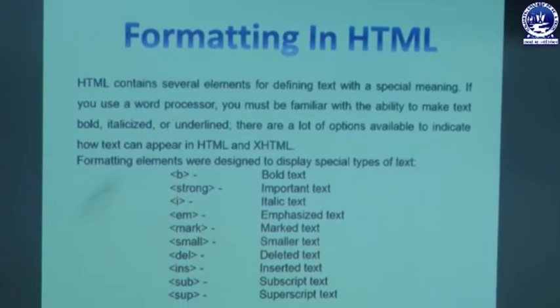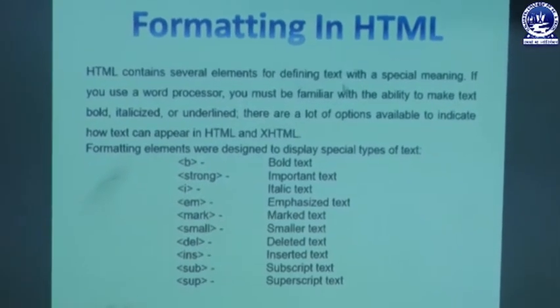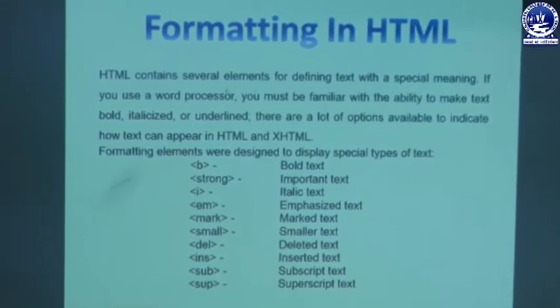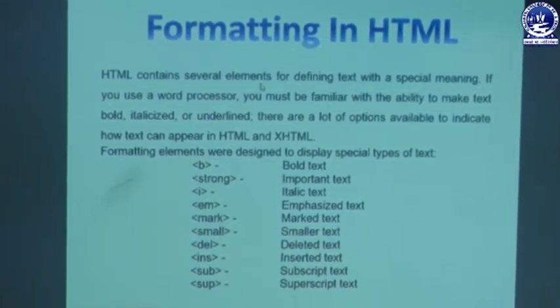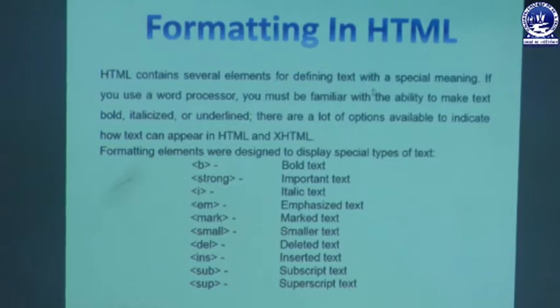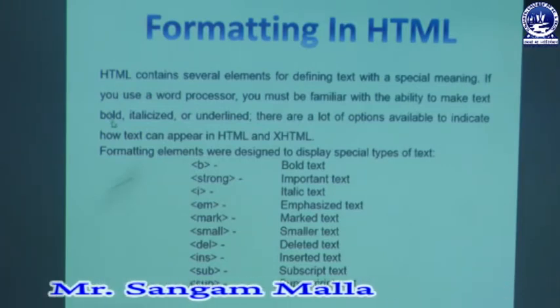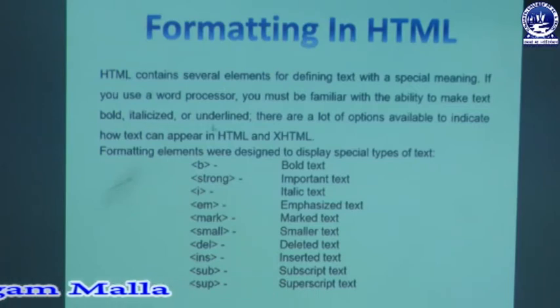So HTML contains several elements for defining text with a special meaning. That means HTML has a lot of elements or tags that define text in a specified meaning or in a specified format. If you use a word processor, you must be familiar with the ability to make text bold, italicized or underlined.